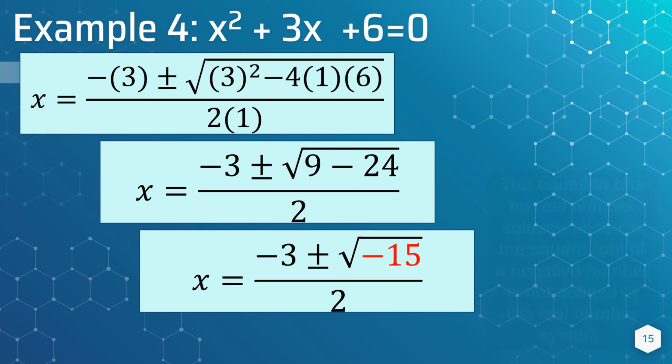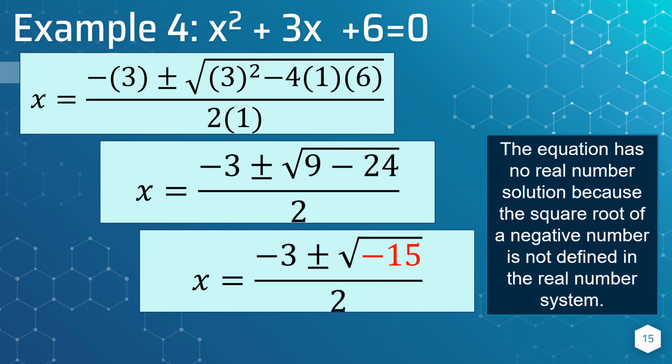It is a negative, so it means that the equation has no real number solution because the square root of a negative number is not defined in the real number system. So it means that the equation x squared plus 3x plus 6 equals 0 has no real number solution. Bakit? Kasi nag-negative yung ating term inside the radical sign, inside the square root sign. So kapag ganito ang case, it means that the equation has no real number solution.